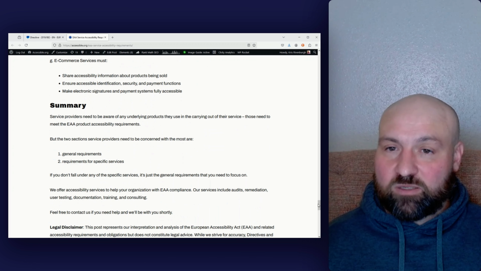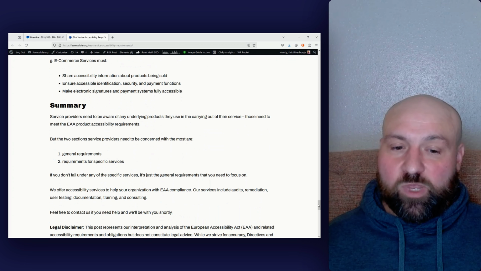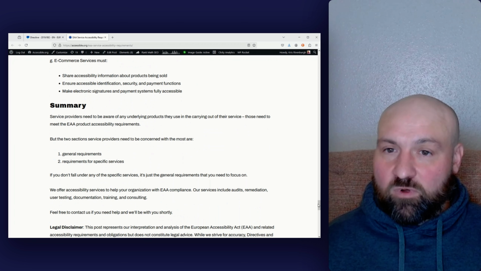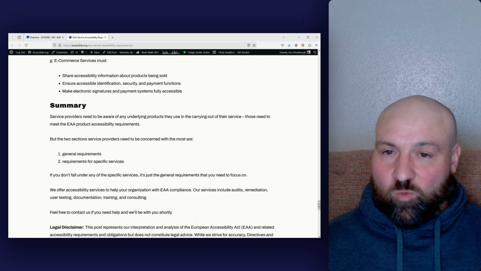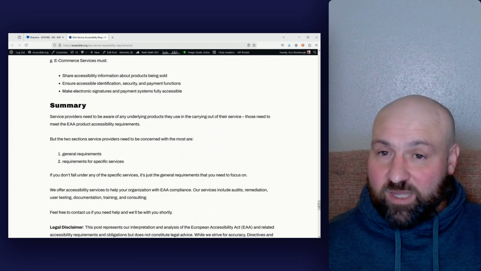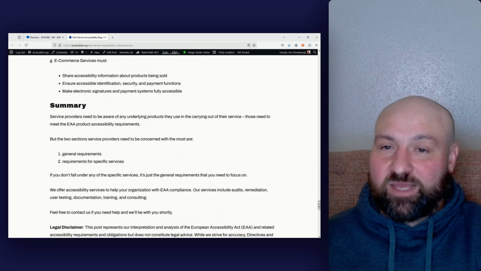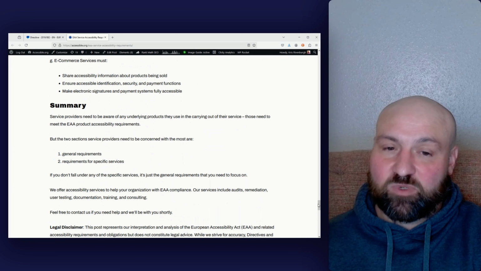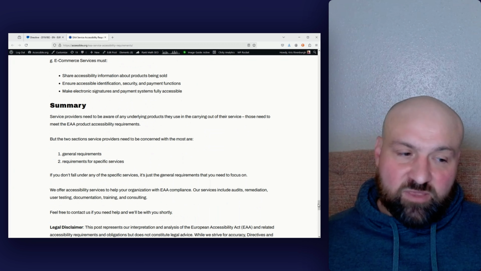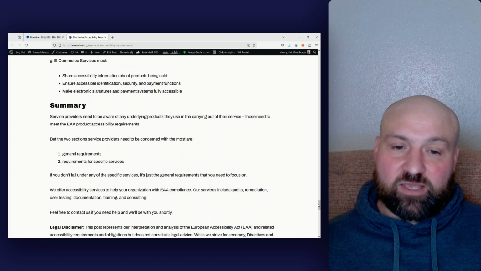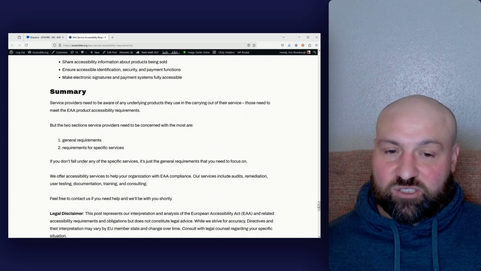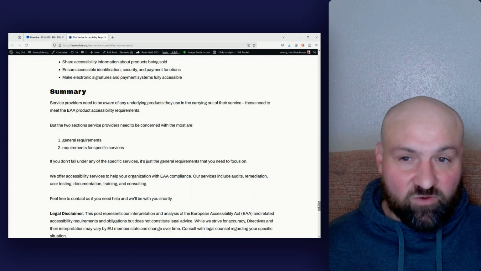Because remember what I talked about with experiences. We want to have the full 360 experience be accessible. It's not just one aspect. So if we are using a product to help us with our service, we need to make sure that that part of our service is accessible as well. So that is part of the requirements. And then we also get to the two sections where we have the general requirements, which are for everybody.